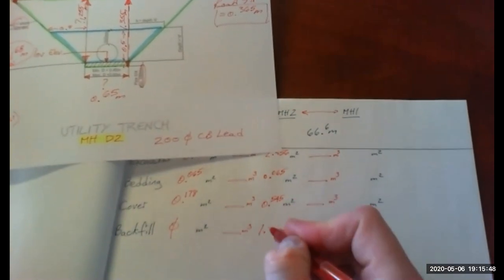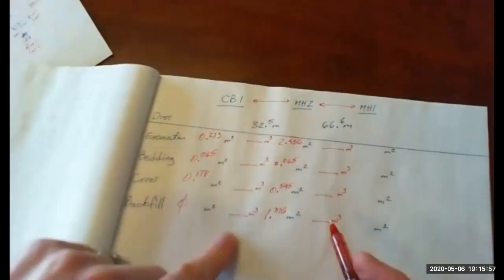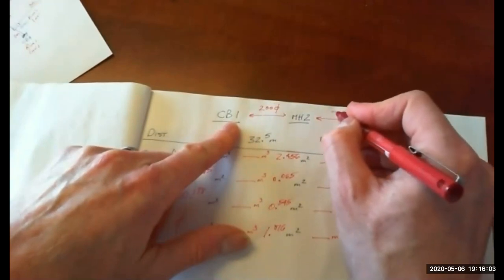And then we had a backfill here, 1.816. So then to calculate the volumes of those 4 items for this pipe, so this is a 200 diameter pipe. This one would have been 250. That's our length, right? We scaled that off of the drawings.